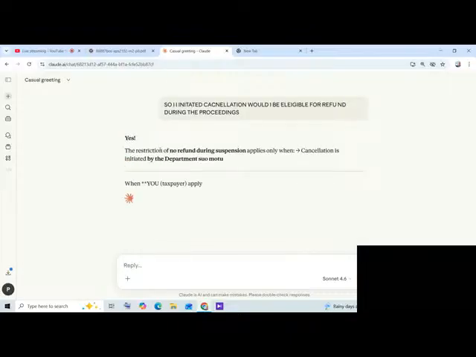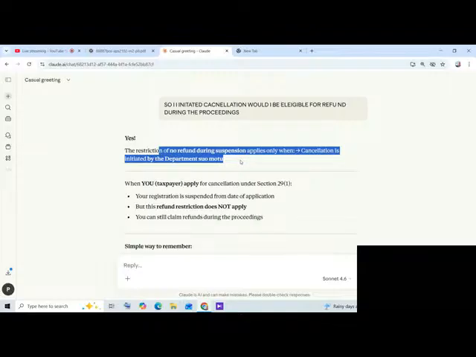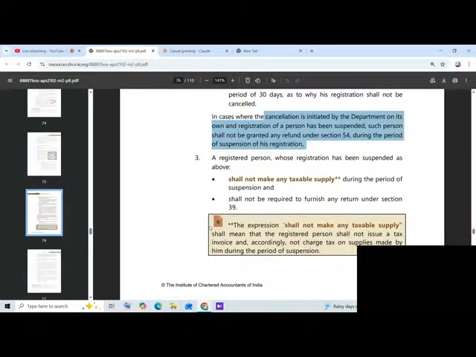Yes, the restriction of no refund during suspension only applies when cancellation is initiated by the department suo motu.